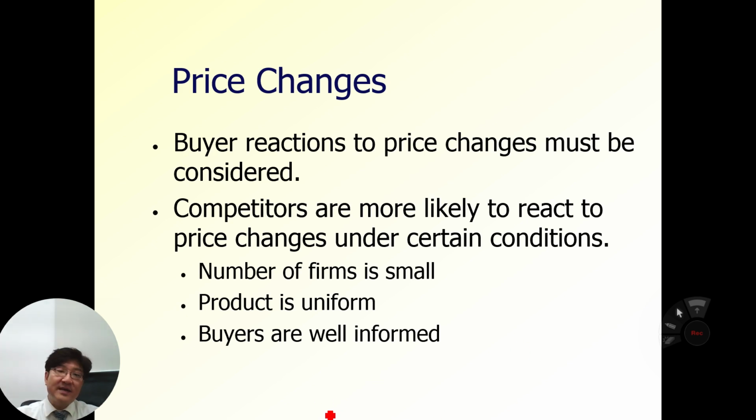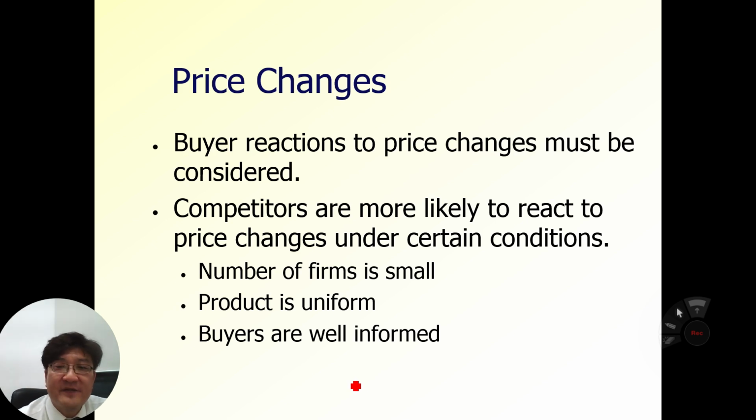Or the product is uniform. When the product is uniform, it means all the products look about the same. Your product and your competitor's product are about the same. Then if you decrease the price, the price is the only difference between your product and your competitor's product, and your competitor knows about it.